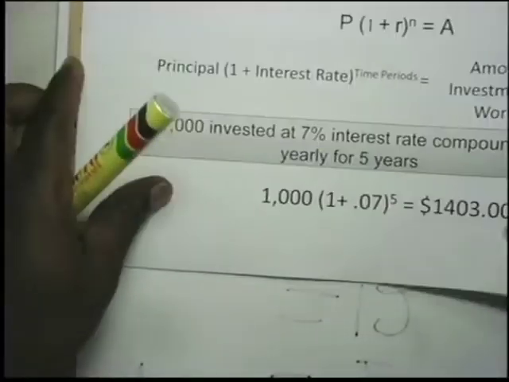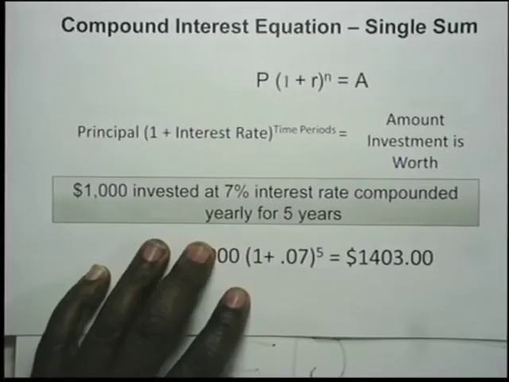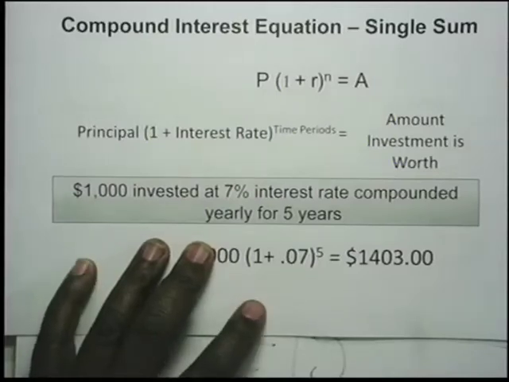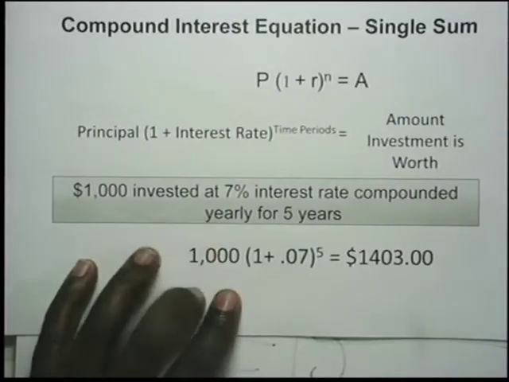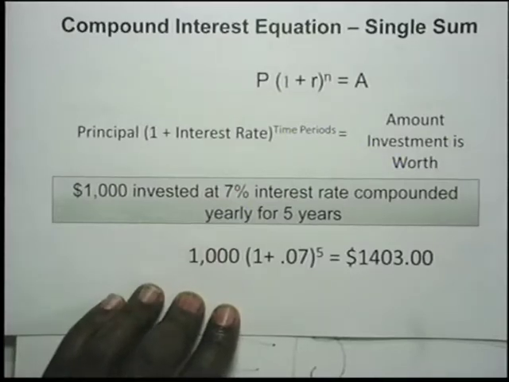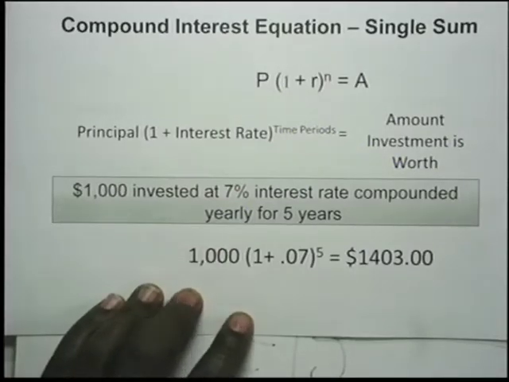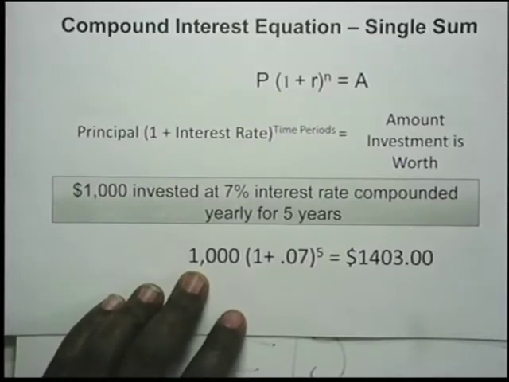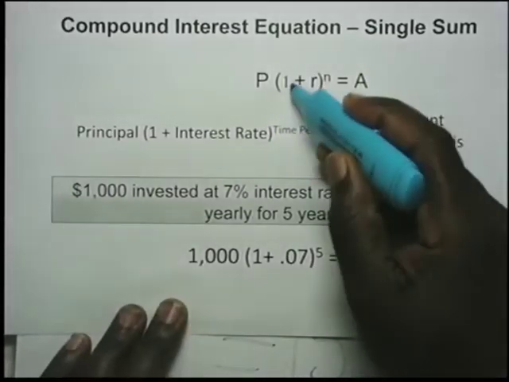Let's go back to our example. I hope you can see it there. All right. 1,000 invested at 7% interest rate compounded yearly for 5 years. It will be 1,000 multiplied by opening bracket. Remember our formula there, right? It's the 1 from the formula.